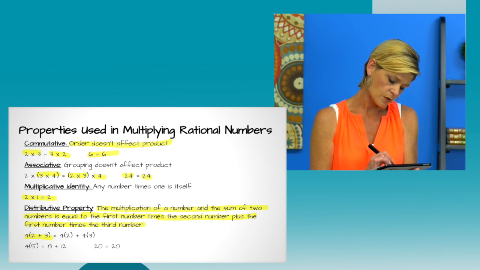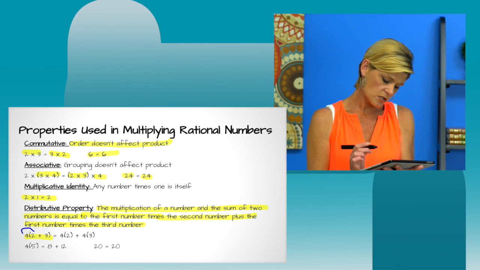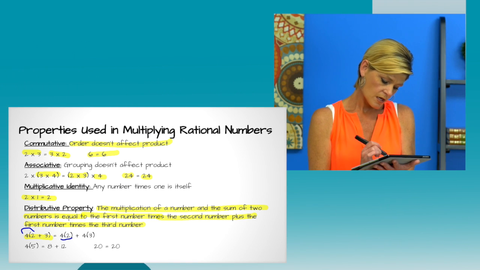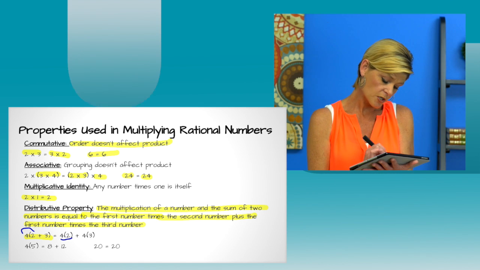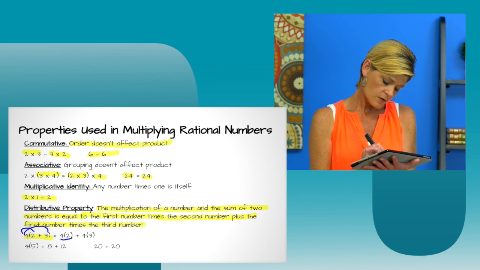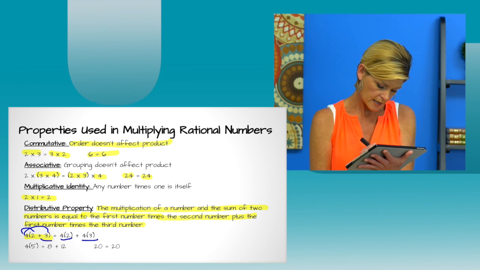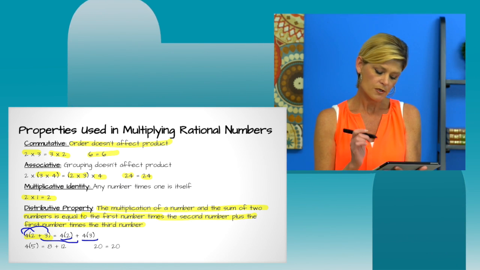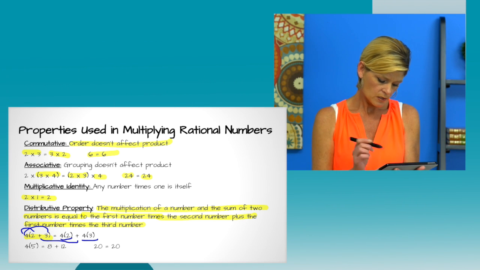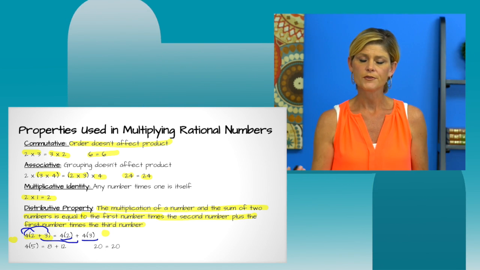So the first thing we're going to do, and this is essentially what the words in the definition say, is 4 times 2, which I've got here, is the first part of the problem, and then the second part is 4 times 3. So we have now distributed the 4 to both the 2 and the 3, and then we just move our plus sign over here. So the distributive property tells me that whatever happens on this side will be exactly the same as what happens on this side when I distribute the 4 to the 2 and the 3 and then add together.